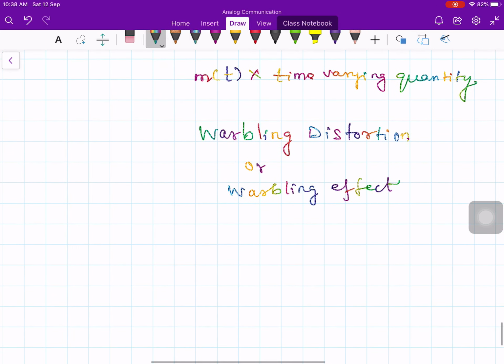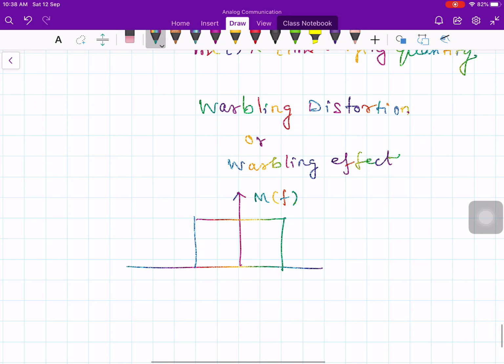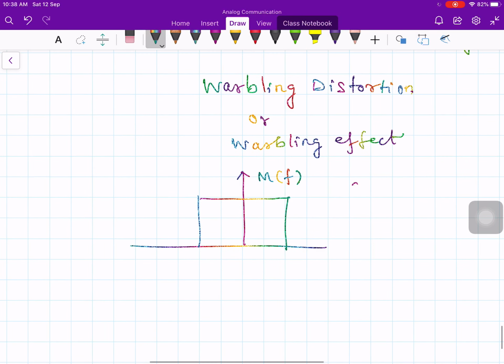Okay, let's say this is my M of f. Now because of that cos of delta omega t, then what happens? This slowly moves like this in the positive direction, a small amount.